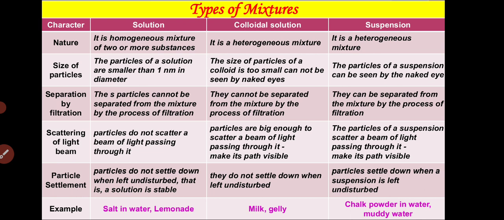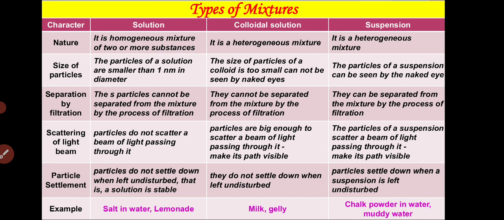And the next characteristic is whether the particles can settle down or not. So when you leave lemonade or salt water undisturbed, the salt does not settle down at the bottom of the container. So the solution is a stable mixture of two or more kinds of substances.